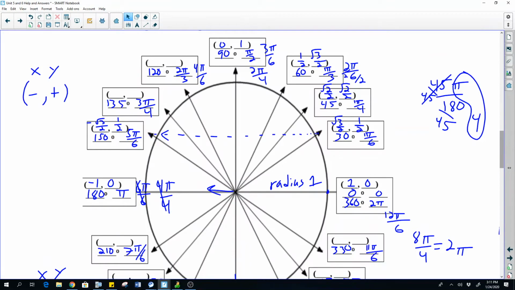And so now we go ahead and just copy it straight over, right? So now we have radical 2 over 2, but remember the x value is negative and the y value is positive. And then we have negative a half, and then radical 3 over 2. And if you're still not sure, you can kind of see: negative a half is 0.5, and radical 3 over 2 is bigger, it's 0.866.